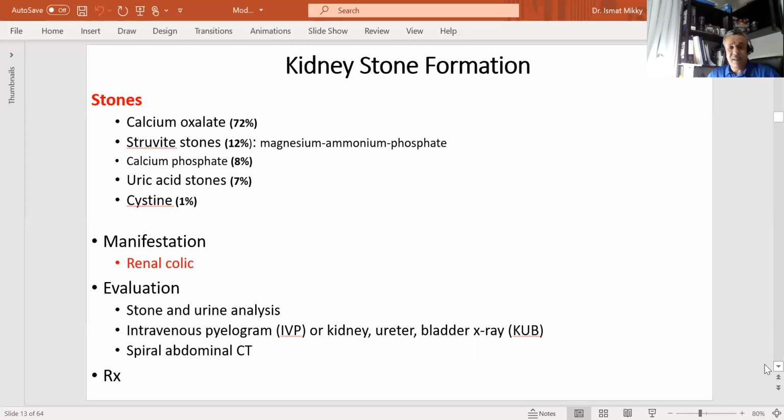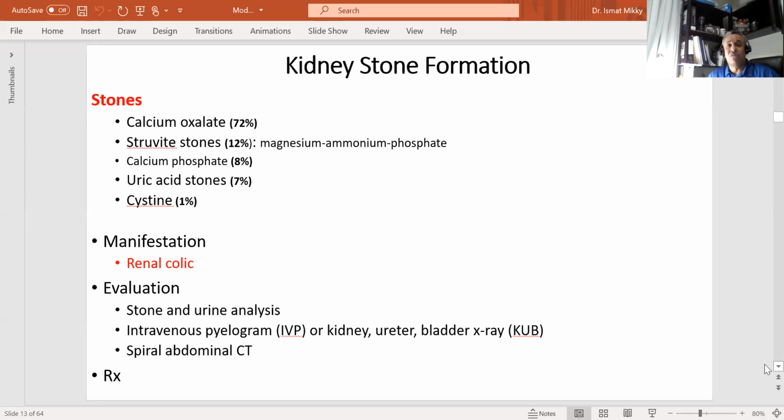The manifestation patients develop is what is called renal colic, which is severe pain of the flank area of the affected side. The treatment: fluids, first of all, we have to give high fluid intake, and also, as we said, decrease the dietary intake of stone-forming substances, depending on the composition of the kidney stone.